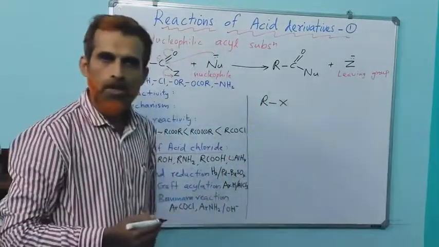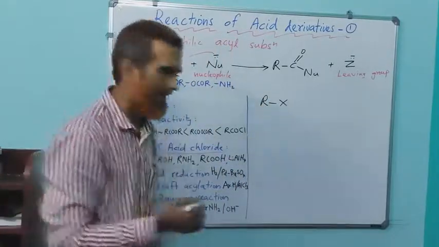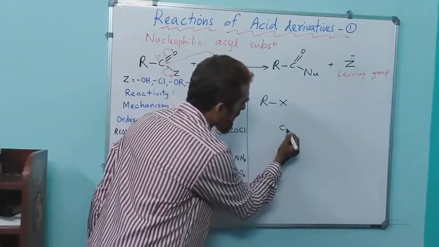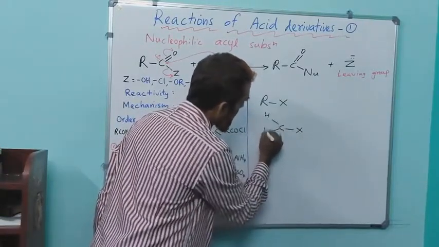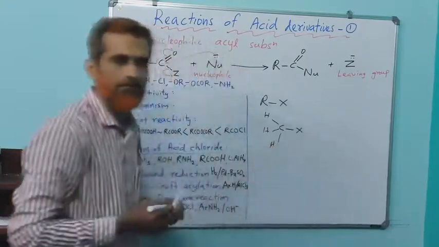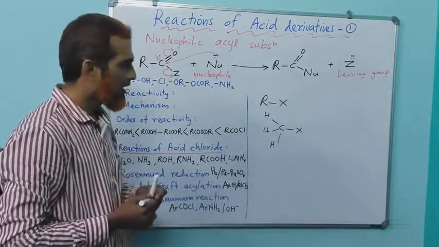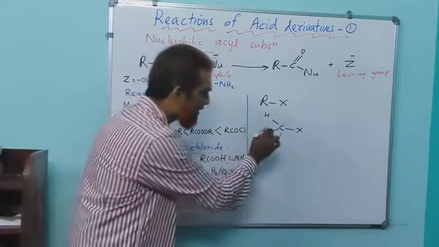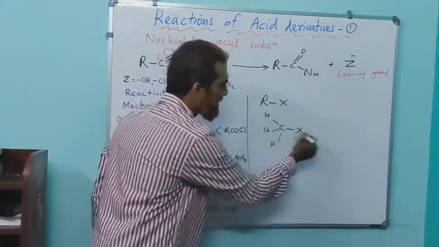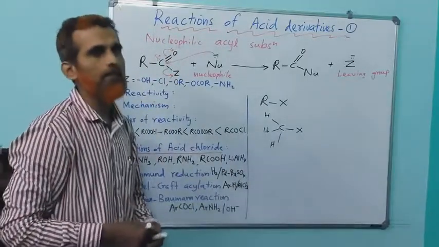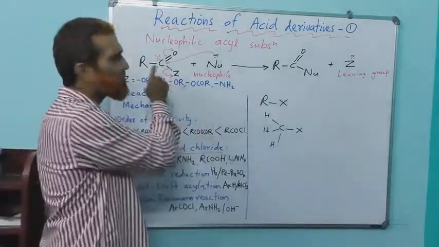For alkyl halides, you might have learned about SN1 and SN2 mechanisms. Let's take for example a simple primary alkyl halide. Here some nucleophile can attack this carbon and displace the halogen, but the tendency is more in acid derivatives.